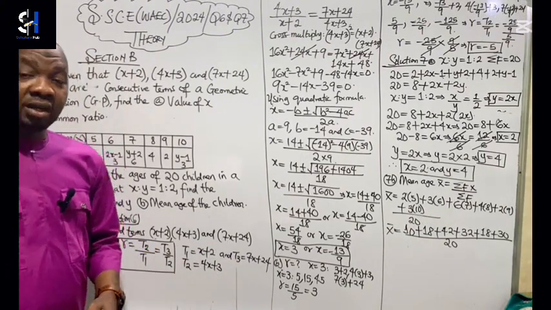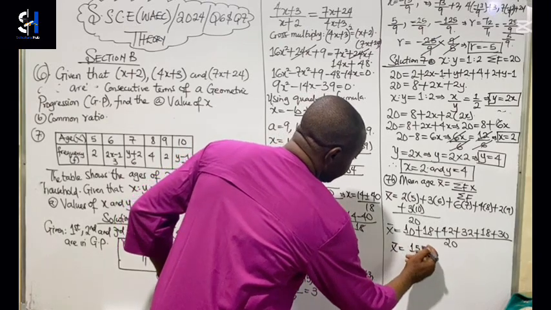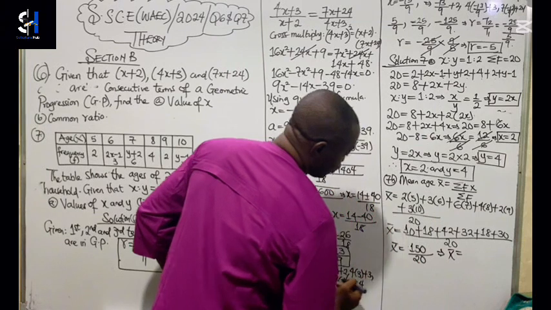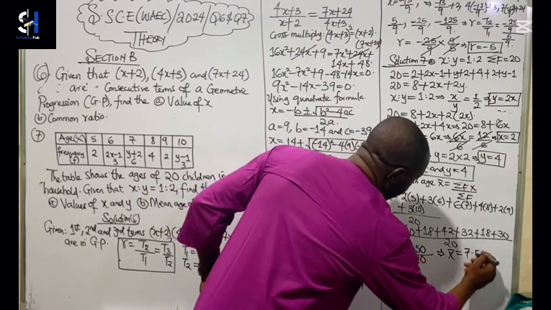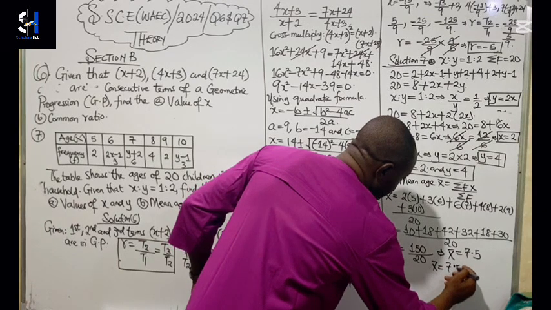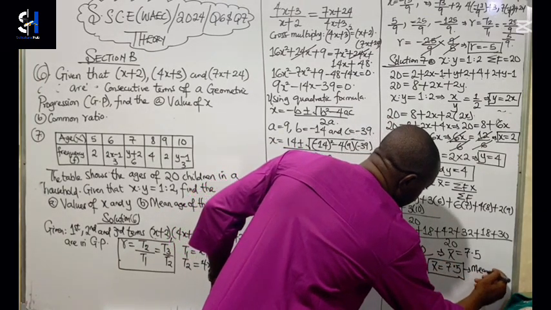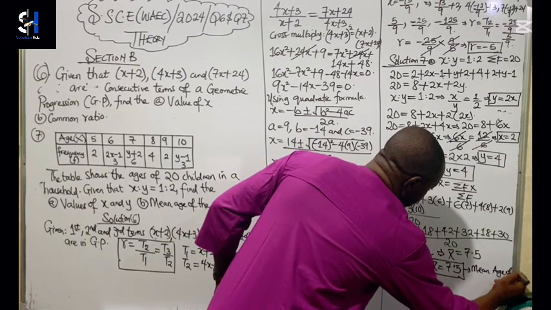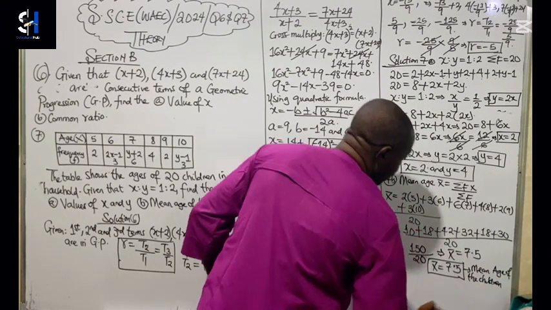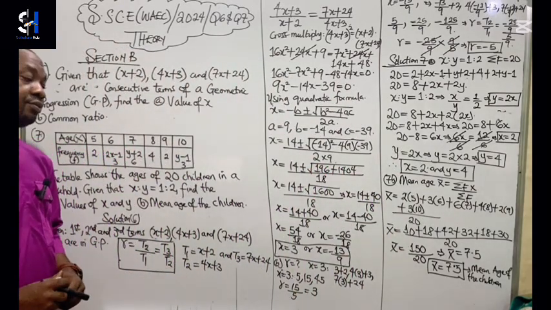That will be 150. So the mean age will be 150 divided by 20, which is 7.5. This is the mean age of the children.